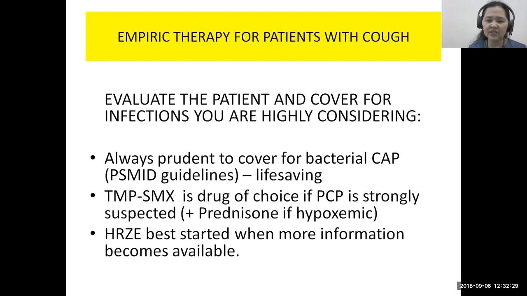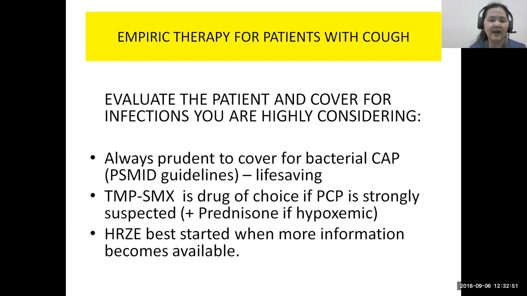If your suspicion for pneumocystis pneumonia is high enough, it's good to start with cotrimoxazole, the trimethoprim-sulfa combination, which is the drug of choice for pneumocystis pneumonia.